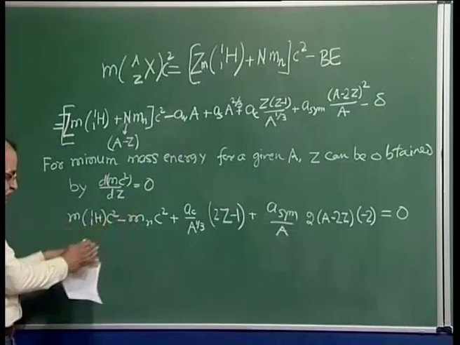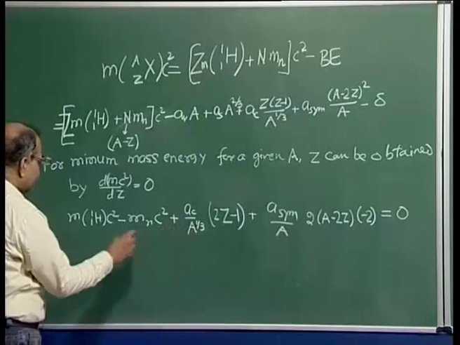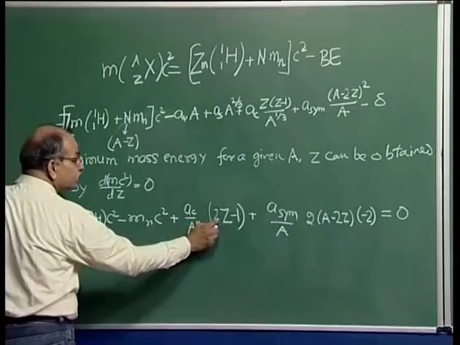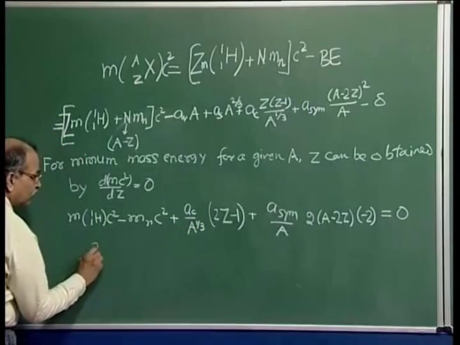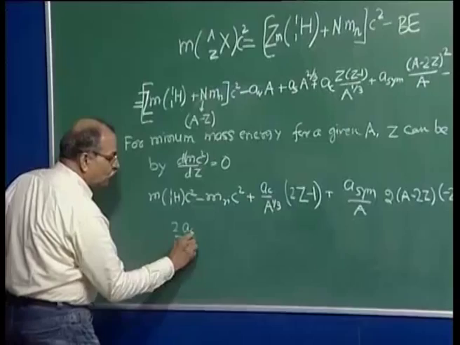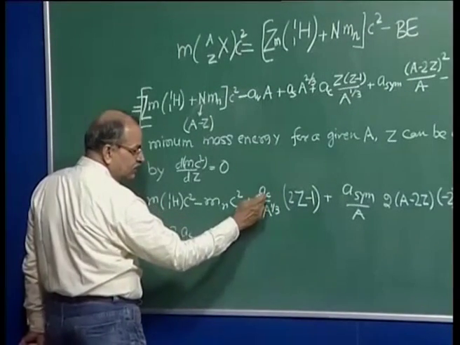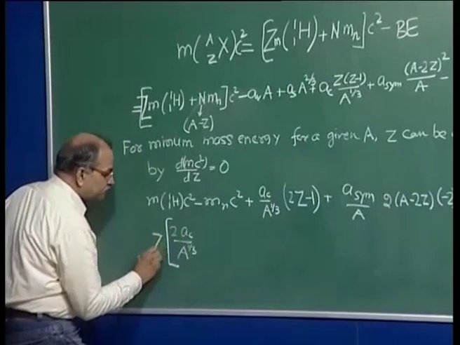So, collect all Z parts on one side and the parts without Z on the other side. Where are the Z parts? Here it is: 2 times AC over A to the power 1 by 3, with Z I will be taking common.